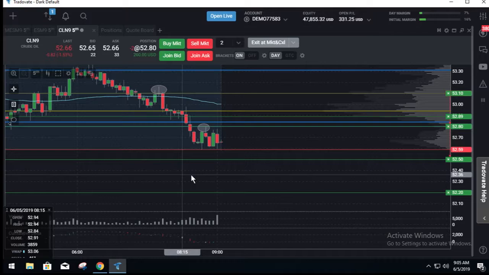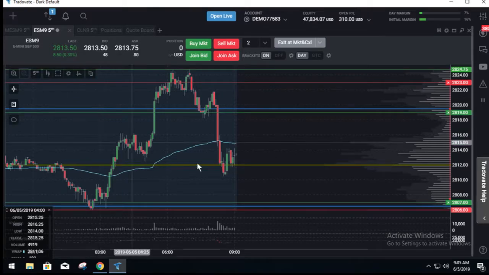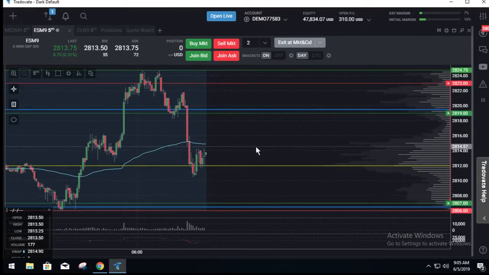So what we want to do is see those contracts get absorbed, and then a breakthrough. If you do see guys pulling their contracts, we'll be able to show you that. Yeah, that is on the front computer where we are.